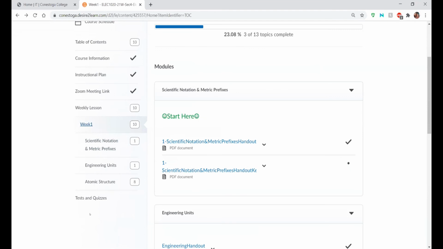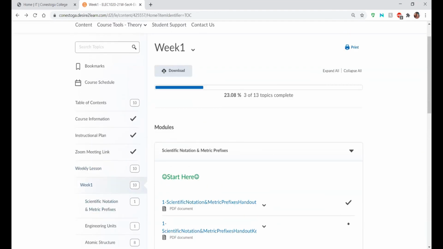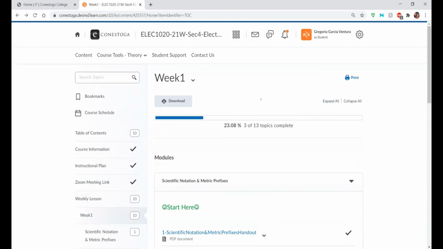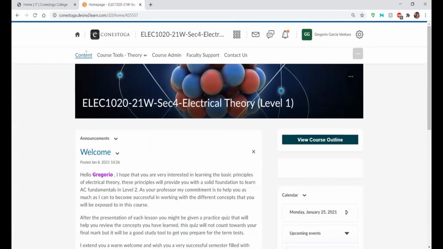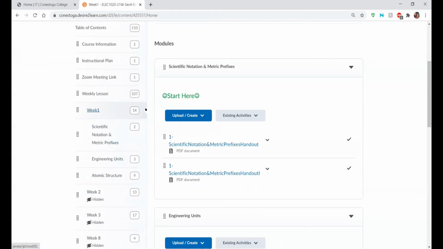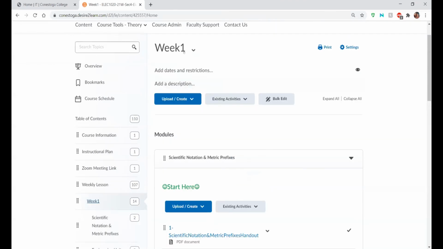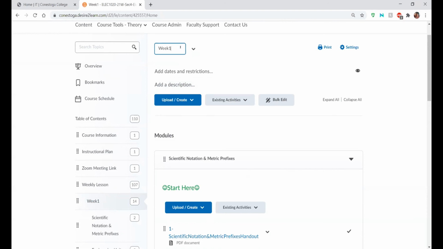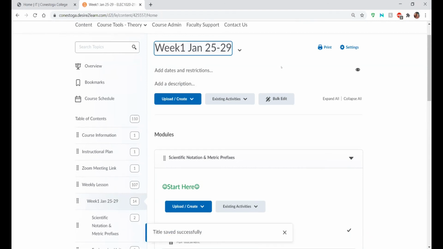Let me do something quickly here. Before I forget, I just want to do something live here. I just want to make sure that I write down the date, to make it clearer. Okay, perfect.